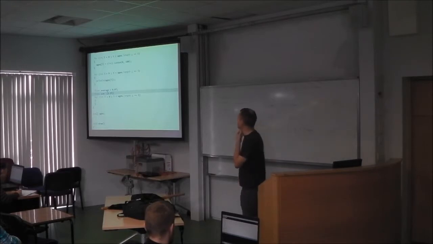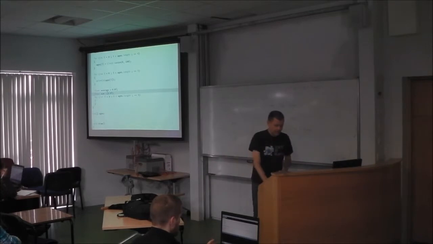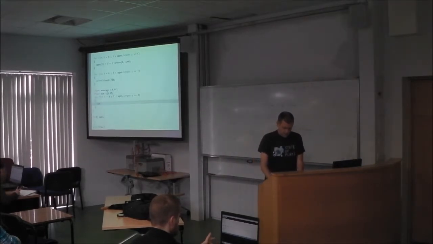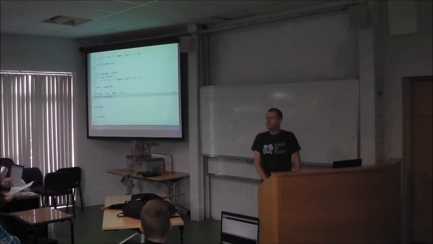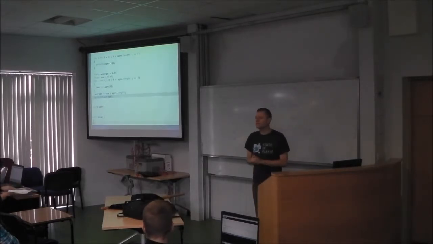Because I want the average to have something after the decimal point, I'll make it a float rather than an int, and then sum plus equals ages at position i. That's going to add them all up together, and then average is going to be equal to sum divided by ages dot length, and then I can print. Okay, is that alright with everybody? Everyone get something similar to that?